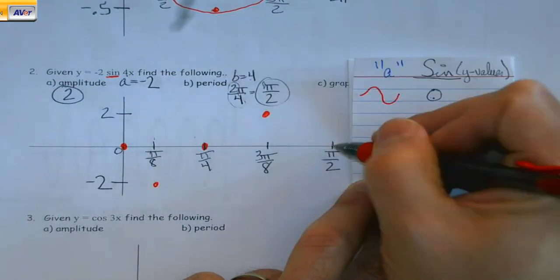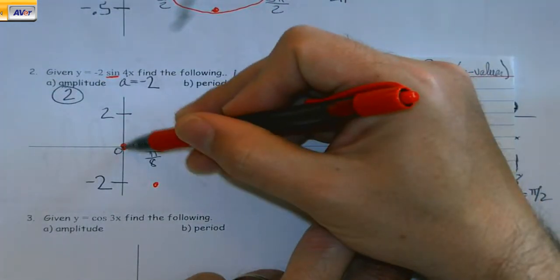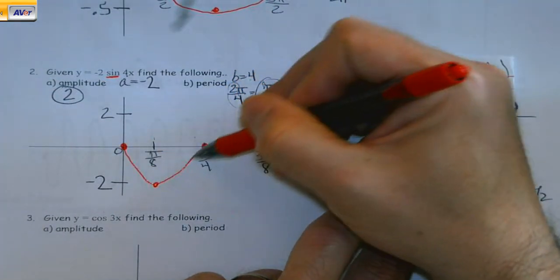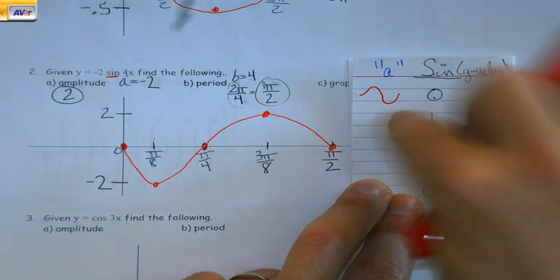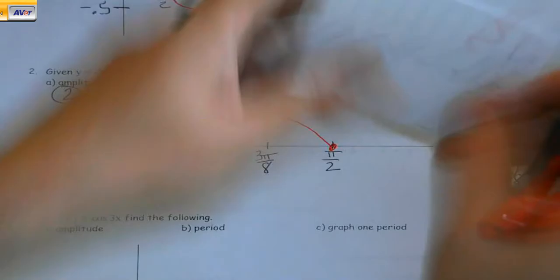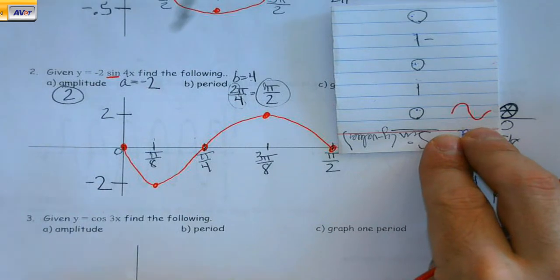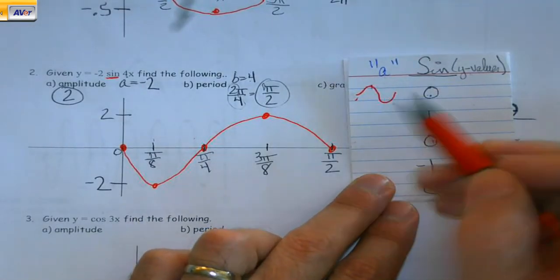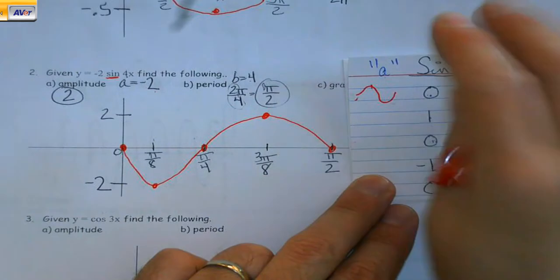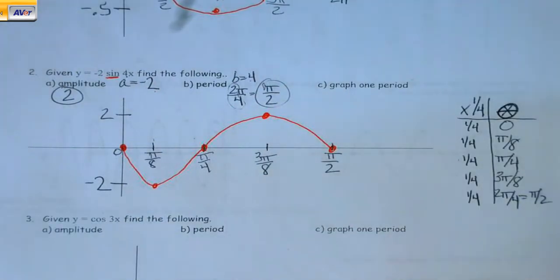And 0 times negative 2 is 0. And basically what happens here is, because of the negative, this kind of flips over. But instead of going up and then down, it goes down and then up because of that A value. But it's still a sine curve. It doesn't look like a big U.